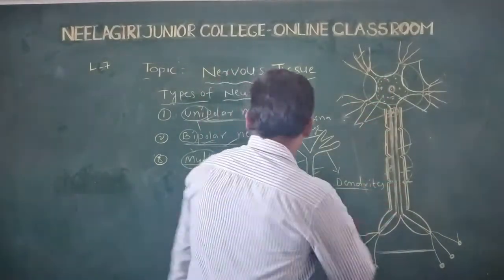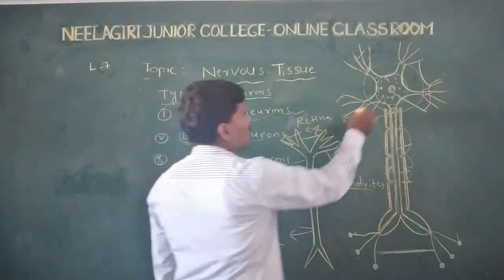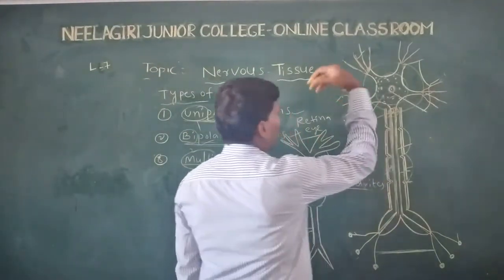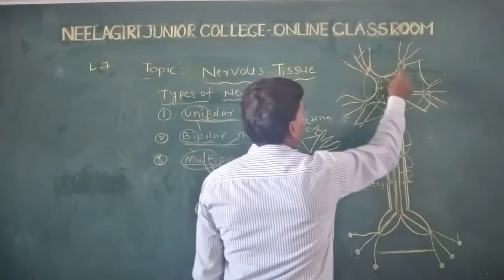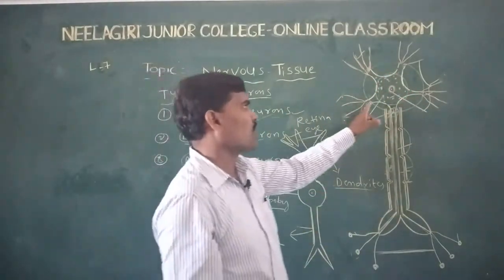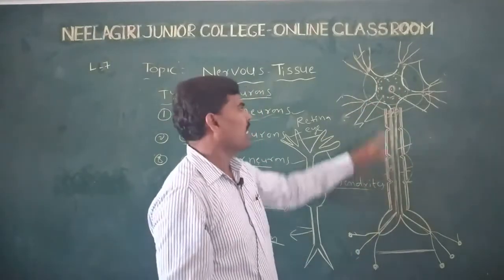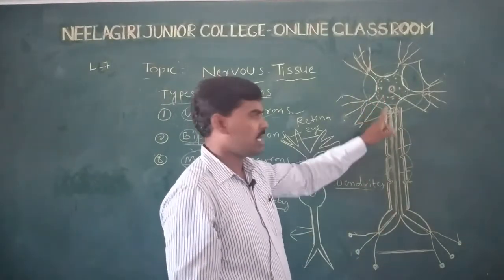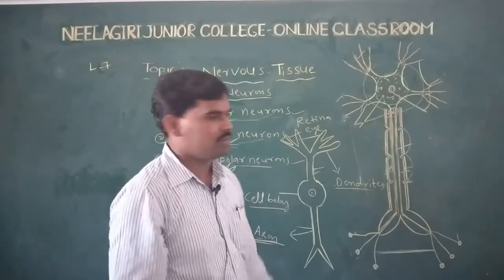They have two or more dendrites, 1, 2, 3, 4, 5 or 6, and a single axon.